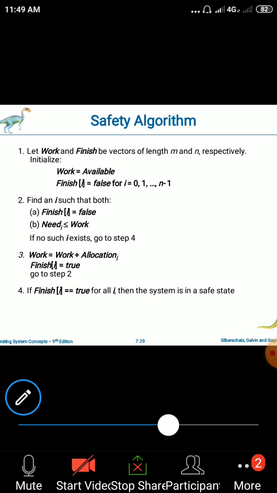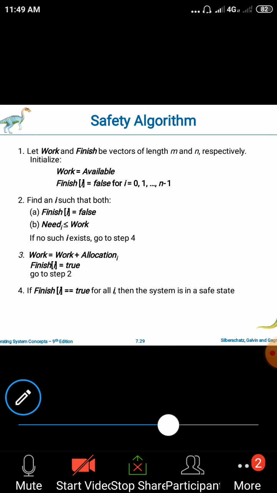What it indicates is that we are finding a process in the queue that has not yet completed its execution and whose need is less than or equal to the available resources. Understood?